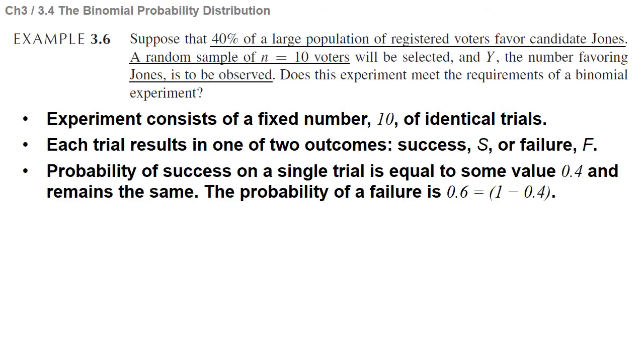The probability of a success on a single trial is equal to some value. Here, 40% of the large population of registered voters favor candidate Jones, so the probability is 0.4, and the probability of failure is 0.6.